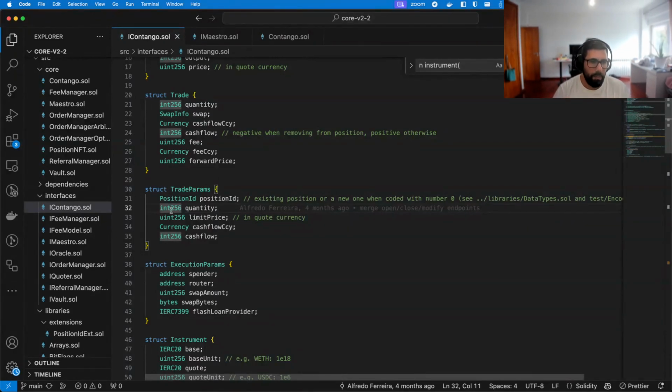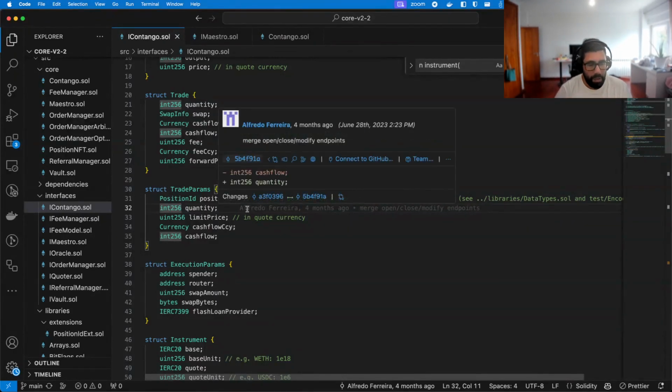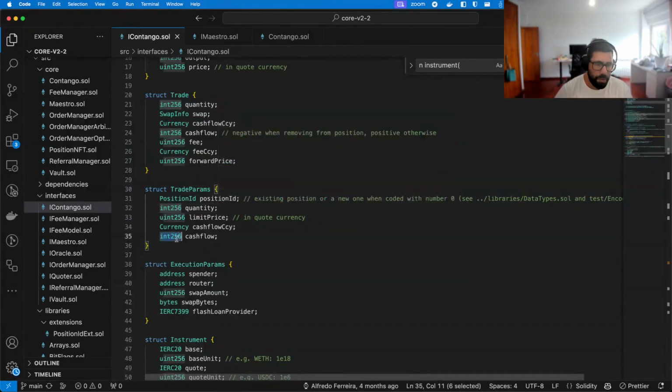Positive quantity means you are increasing your position, negative quantity means you are decreasing your position. Same with the cash flow. If you want to deposit money into your position, it's going to be positive. If you want to withdraw money from your position, it's going to be negative.